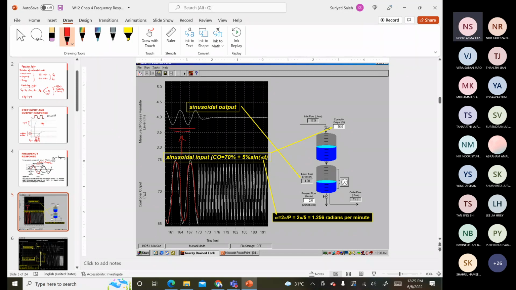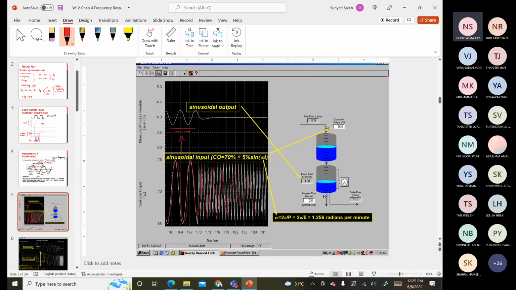But if we prolong the time, or if we increase the frequency of your sinusoidal, of course, your controller output will behave like this, up and down, up and down, up and down, which we call the aggressive behavior of your controller output.